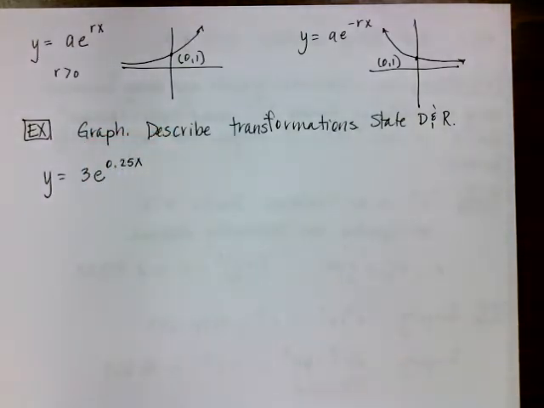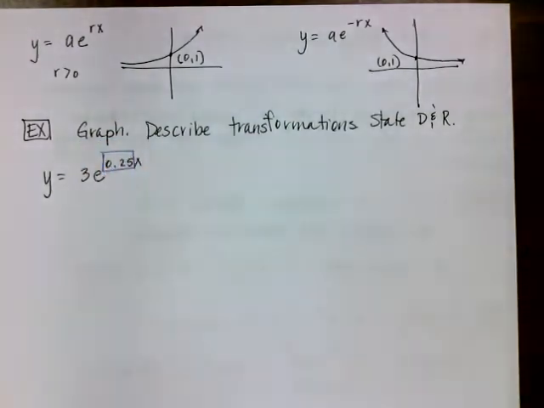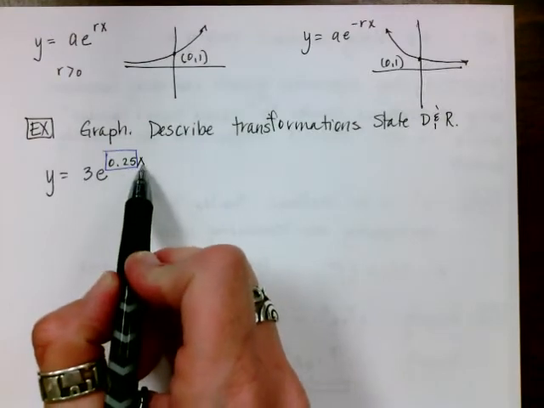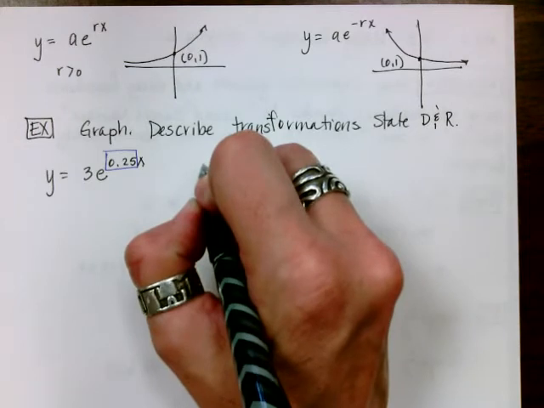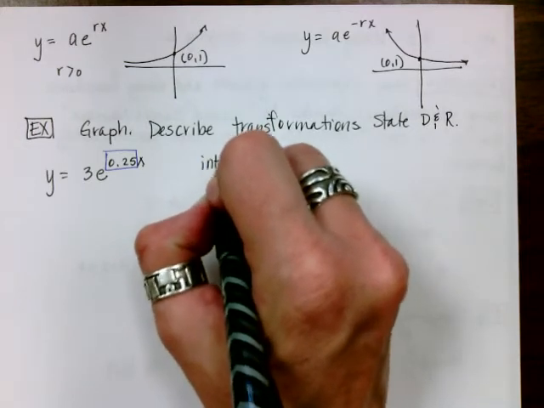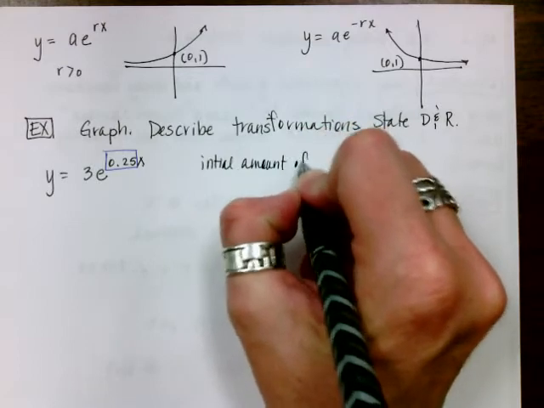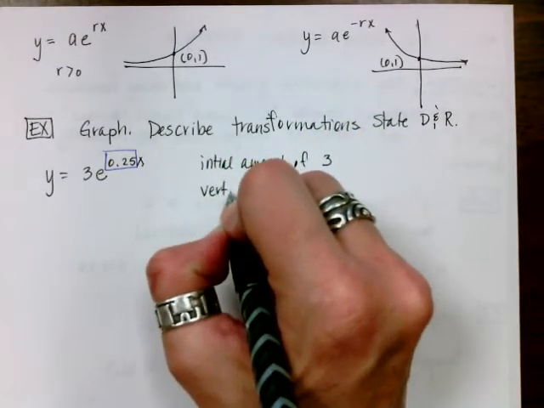0.25x. Okay? Alrighty, so this is where the problem gets a little bit entertaining. I'll circle this right here. This is now going to become our vertical stretch or shrink because it's right beside the x. So this is actually going to be an initial amount of 3, and then I'm going to have a vertical shrink.